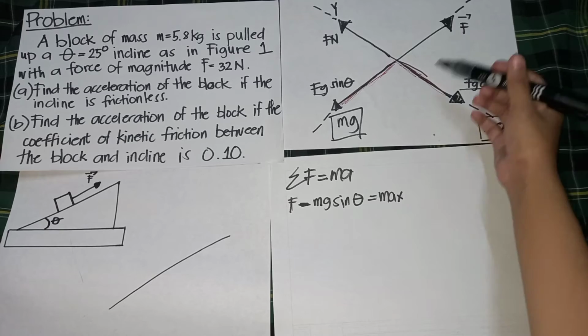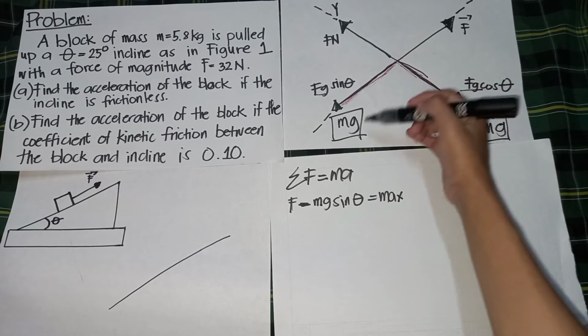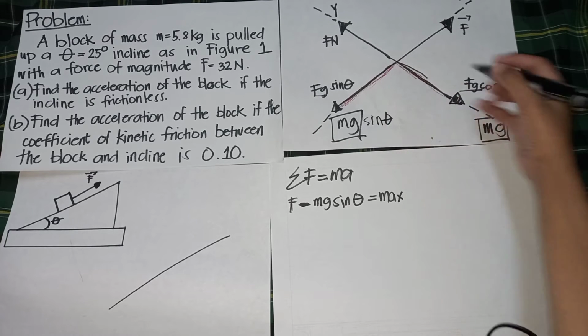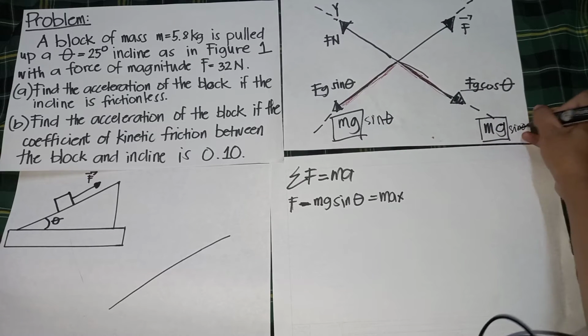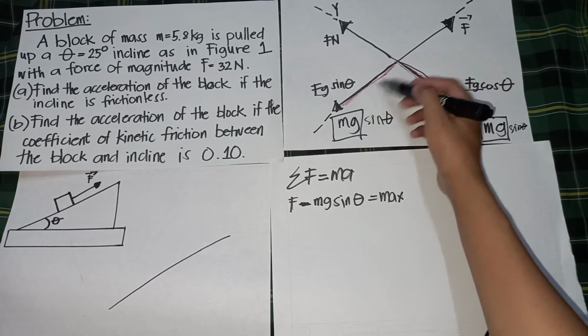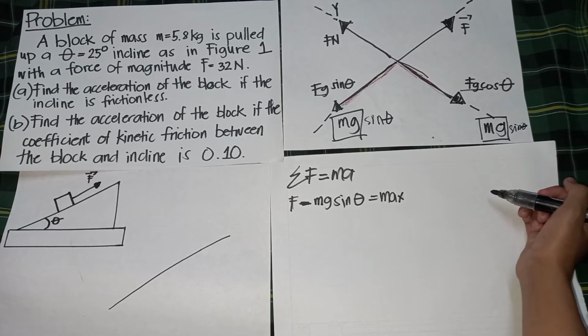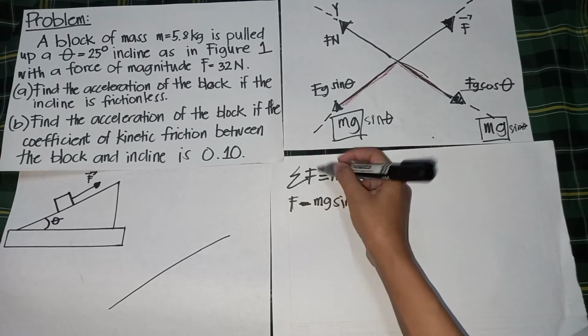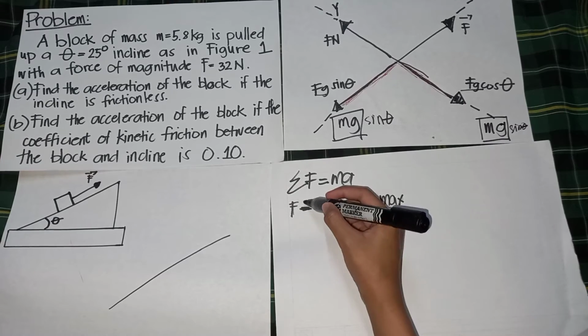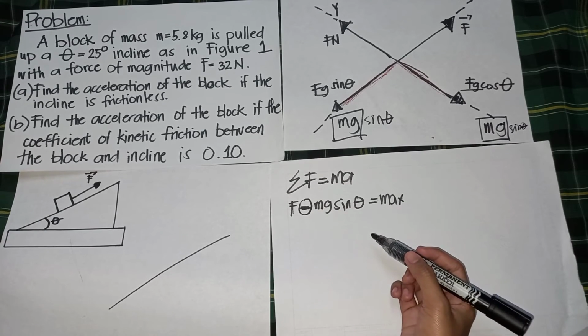We have the applied force F, and then we have mg sine theta. Don't forget that because mg sine theta is pointing leftward, it's going to actually be a negative force. So let's fill in those two for the sum of the forces. Again, note the negative sign, and now we can fill in the known values.